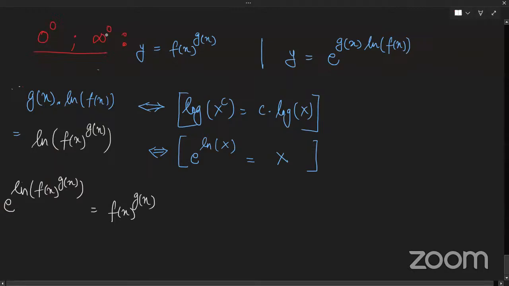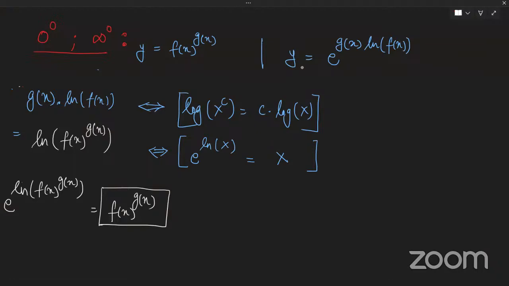Obviously, just treat f of x raised to g of x as one single entity, so you'll get e raised to ln c, which will be f of x raised to g of x. Great. Does that work? Everyone? Yes, sir. Okay, great.